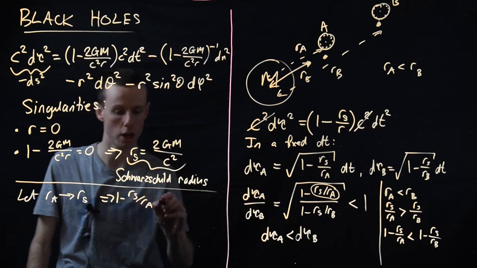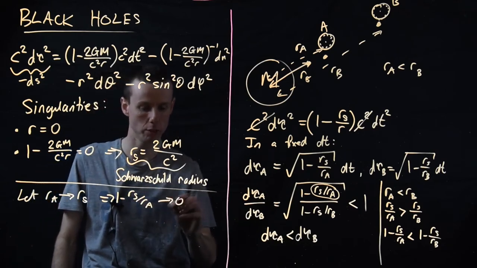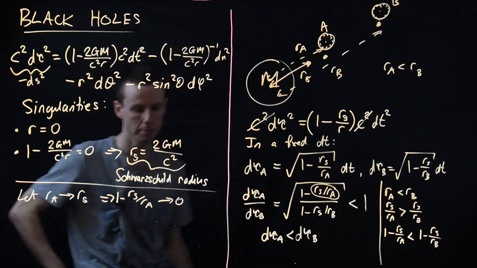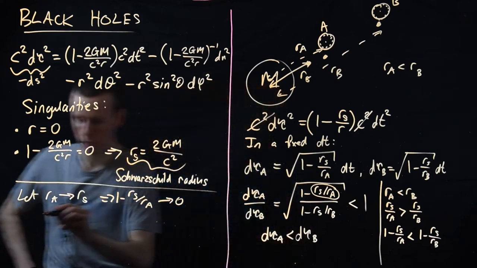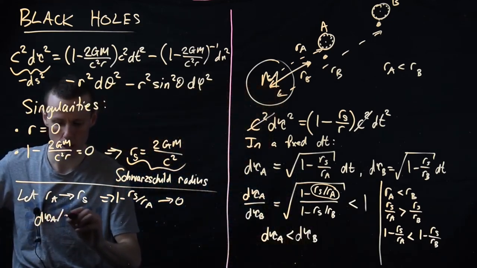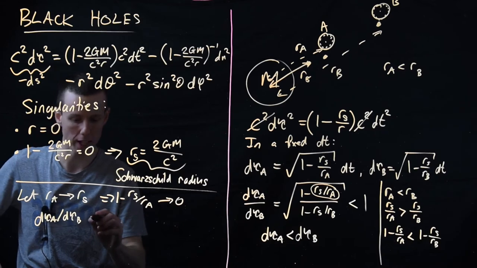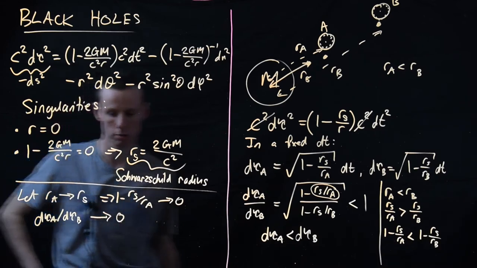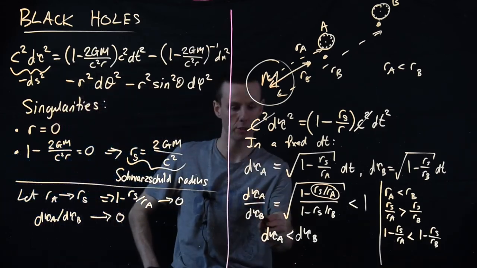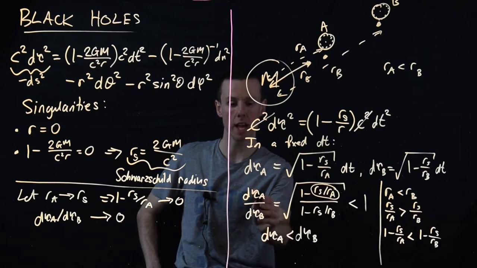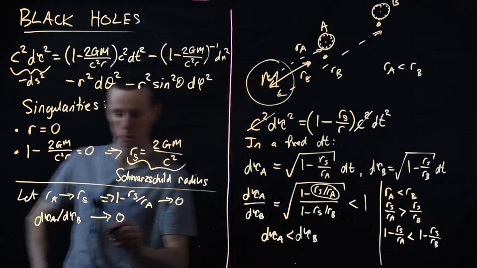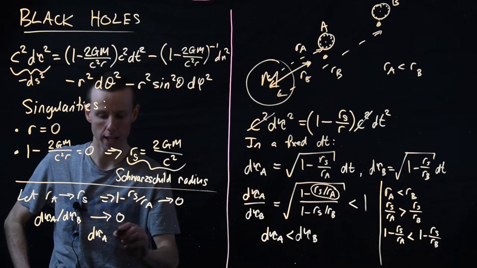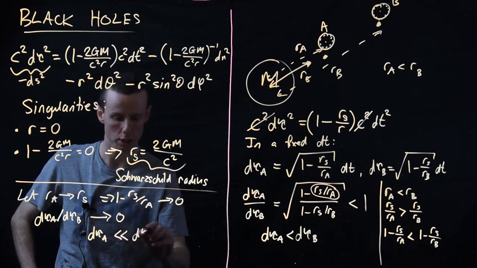So 1 minus RS over RA is heading for 0. That means that d tau A over d tau B is heading for 0. This ratio means that the top line is much, much less than the bottom line. So d tau A is much, much less than d tau B.